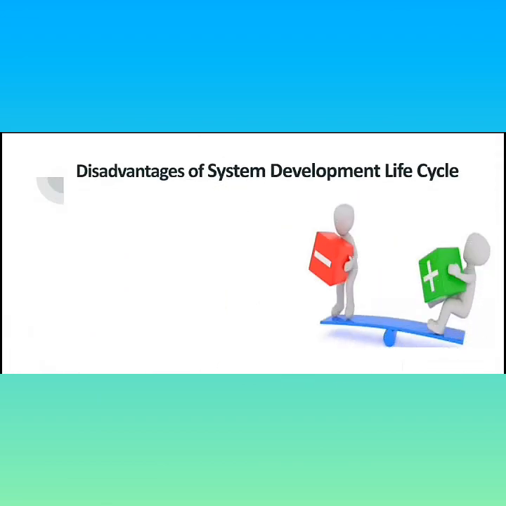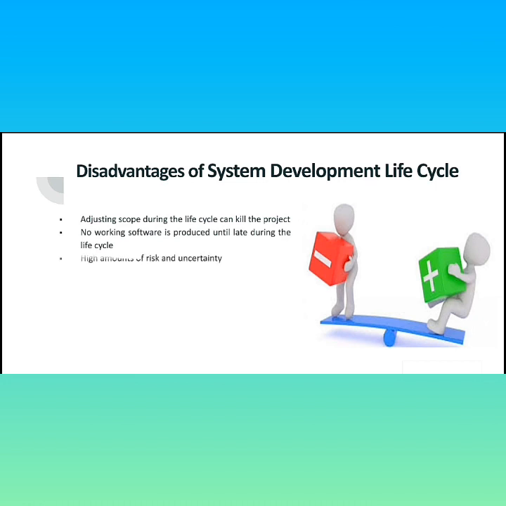The disadvantages of system development life cycle. The first one is that adjusting scope during the life cycle can kill the project. Also, no working software is produced until late in the life cycle. The third disadvantage is the high amount of risks and uncertainties.